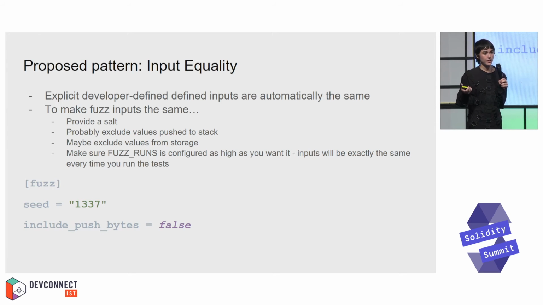You also want to make sure that wherever you're running this full fuzz test suite, you configure fuzz runs as high as you want it, because the inputs will be exactly the same every time that you run the test. People might be used to their fuzz tests producing different inputs each time they run it. This time it'll be the same every time, so you want to make sure you are throwing enough inputs at it to be satisfied that it might have caught your bugs.